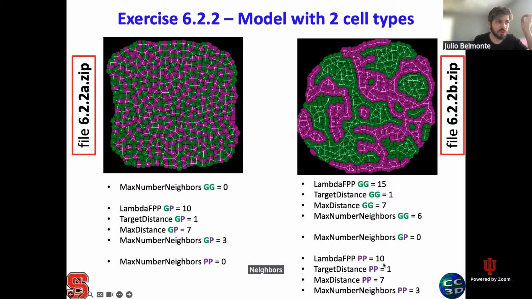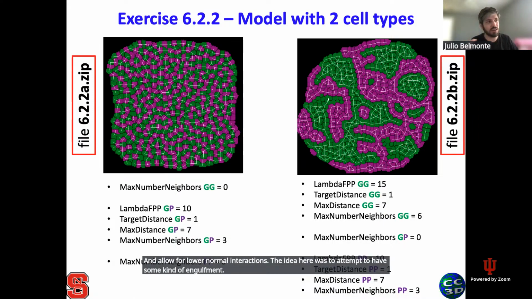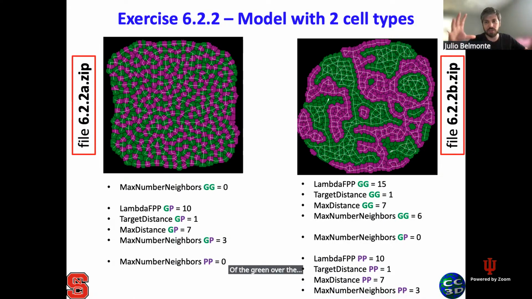For the purple, the strength of interactions is lower, it's 10, and it allows a lower number of interactions. The idea here was to attempt some kind of engulfment of the purple over the green. I got a little bit of this. You see that there's more purple going to the outside and more green going to the inside.